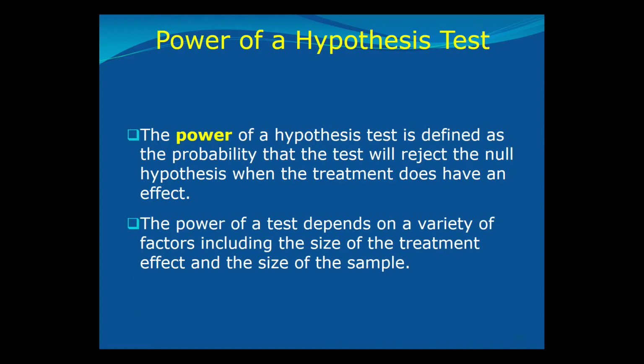The power of a hypothesis test is defined as the probability that the test will reject the null hypothesis when the treatment does have an effect. The power of a test depends on a variety of factors, including the size of the treatment effect and the size of the sample.